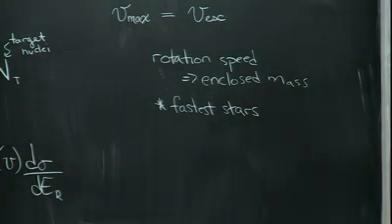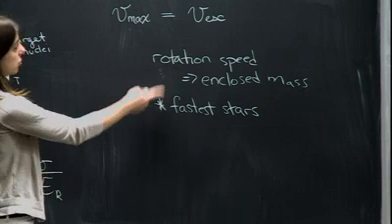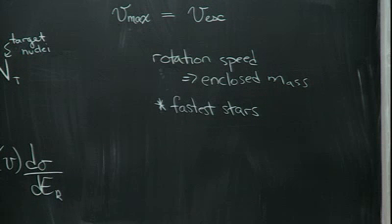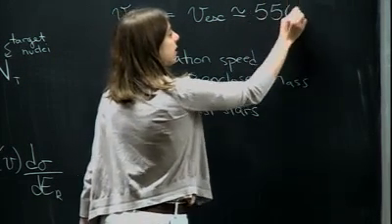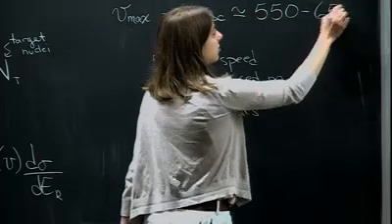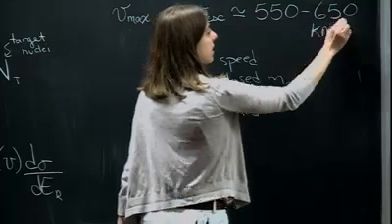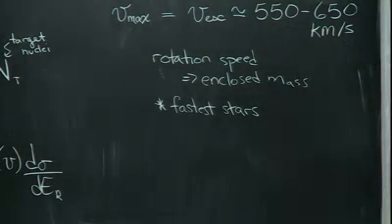So people have gone out and actually done measurements of the velocity of the fastest stars we can observe, and use that as essentially a tracer for what the maximum velocity allowed for the dark matter particles would be. And so it's somewhere in the range from 550 to 650 kilometers per second.